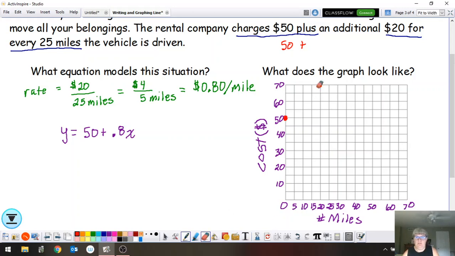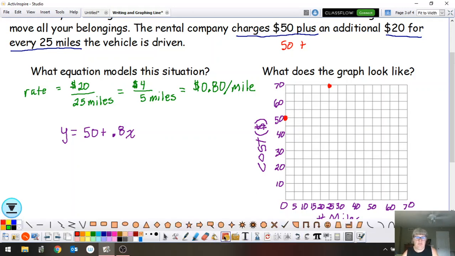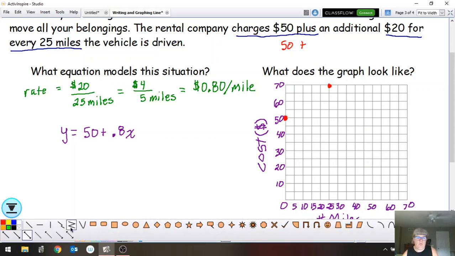I thought it looked a little off. Good thing I counted again. And let's see if that goes with this. It increased $20, so we went up $20 for a 25-mile increase. And here's my line. Oops, I'm going to use an actual ruler just because I'm not necessarily the straightest drawer.